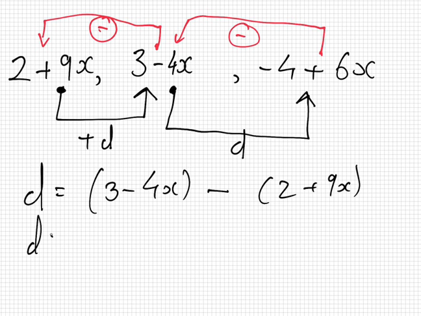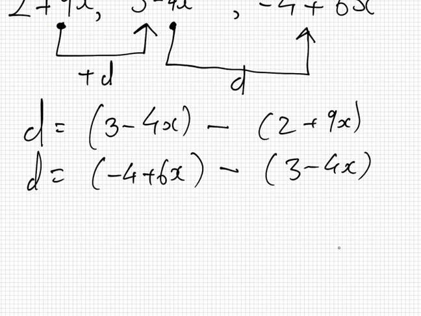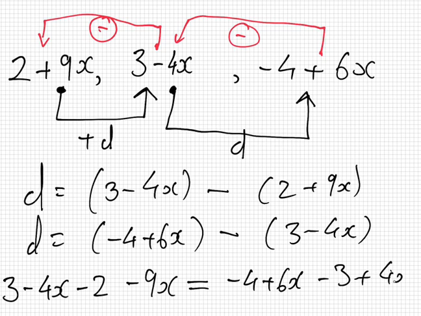Likewise, d equals minus 4 plus 6x minus 3 minus 4x. Two equations, two unknowns. What method would be best here if I want the x? Equate. So I have 3 minus 4x minus 2 minus 9x equals minus 4 plus 6x minus 3 plus 4x.